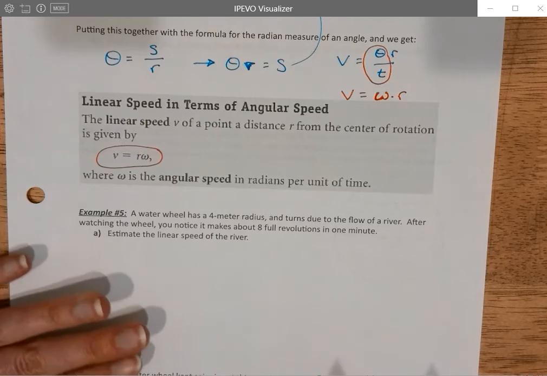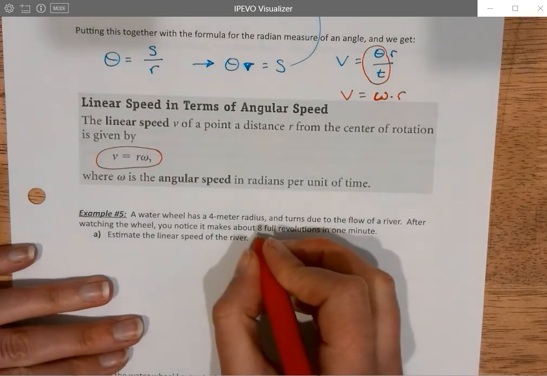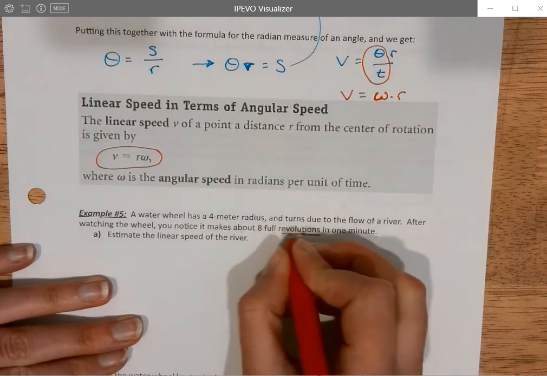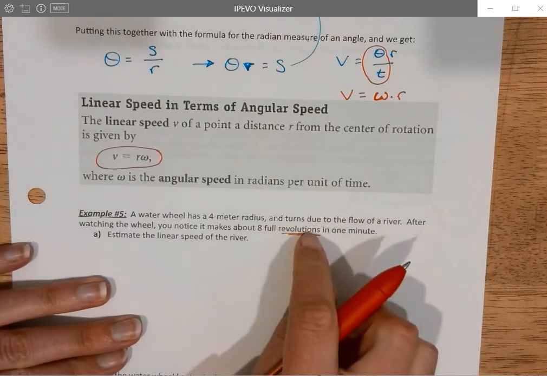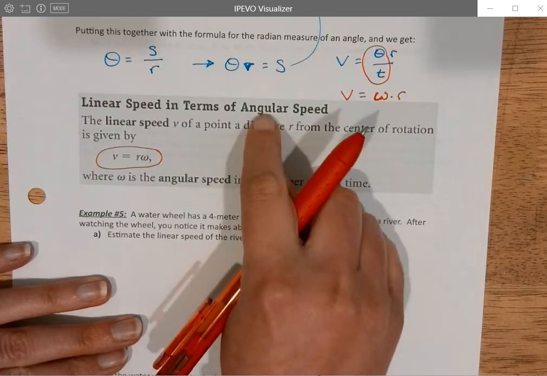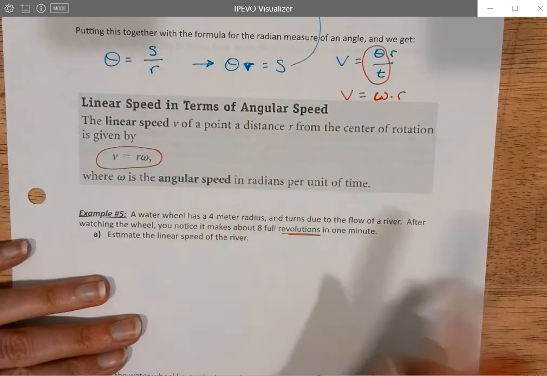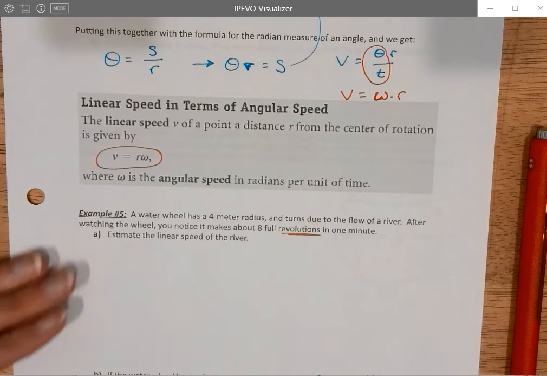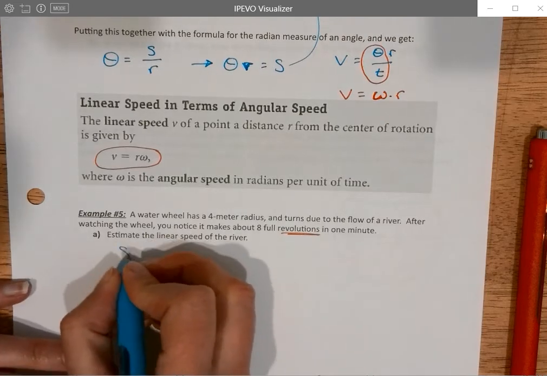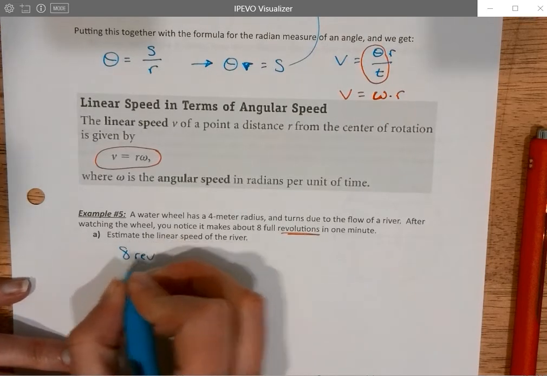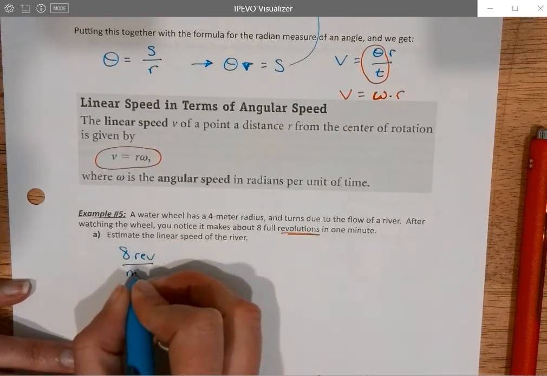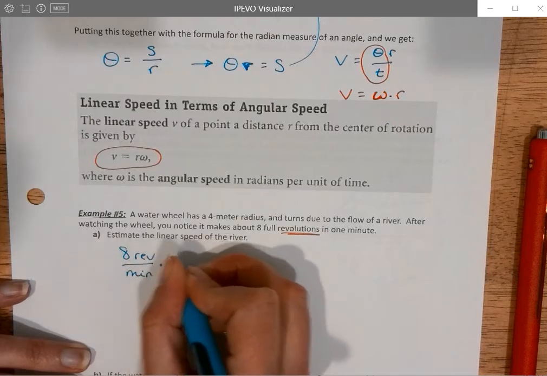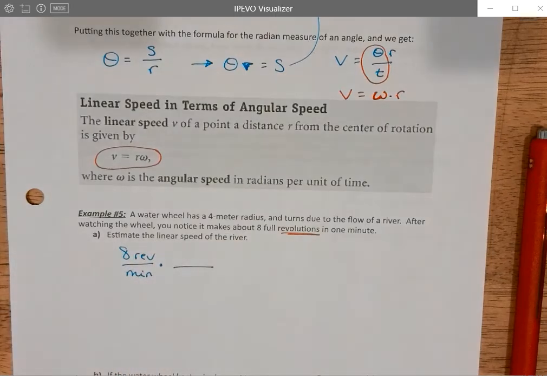One of the first things that we're going to have to do is convert revolutions per minute into angular speed, which is going to be measured in radians per minute. I can convert that because I know how many radians are in a revolution. So 8 revolutions per minute, where 1 full revolution is 2 pi radians.